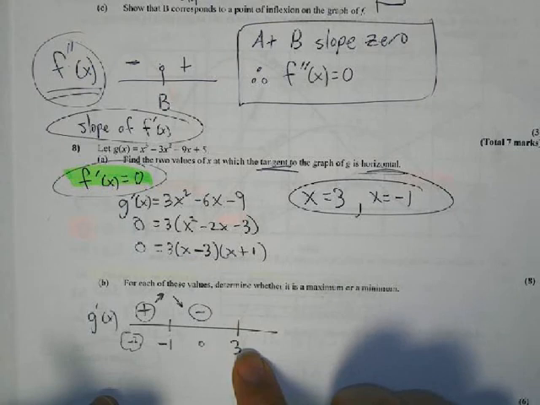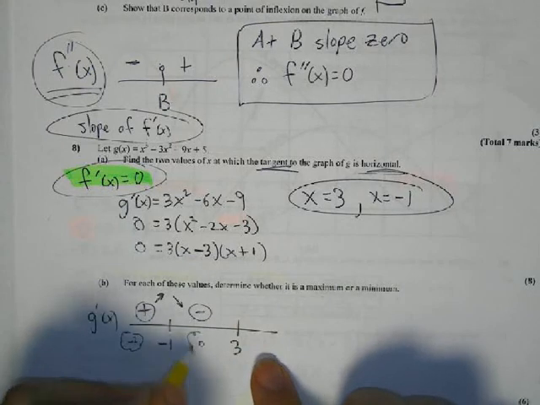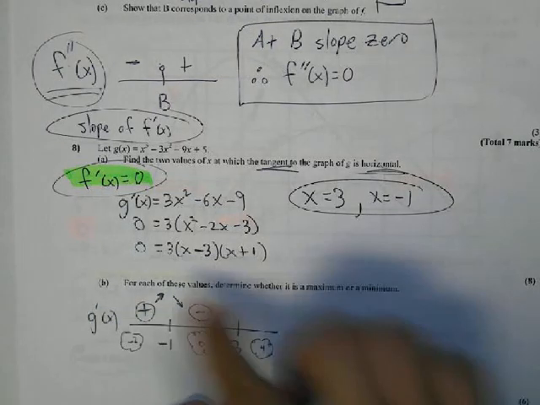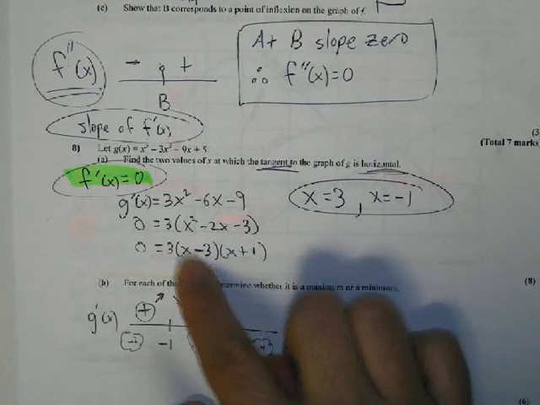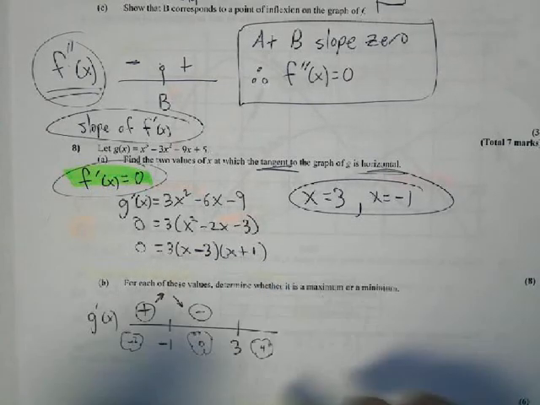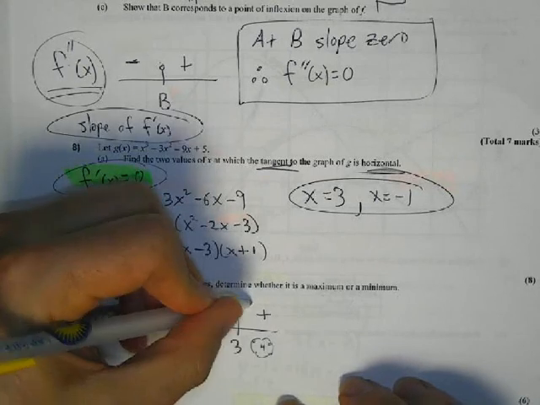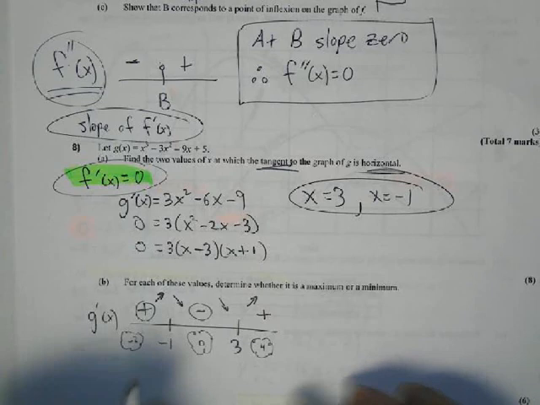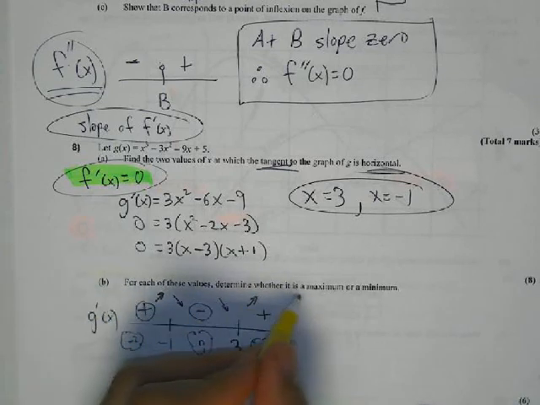If I plug in something greater than 3, let's pick 4. Four minus 3 is positive, and 4 plus 1 is positive. So positive times positive gives me positive. We have a positive slope. So which of these values is the maximum or minimum?